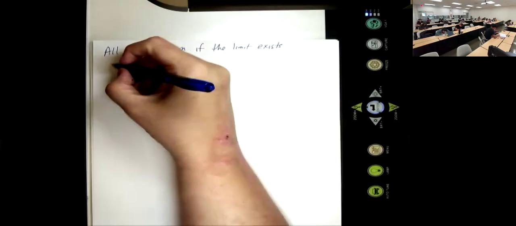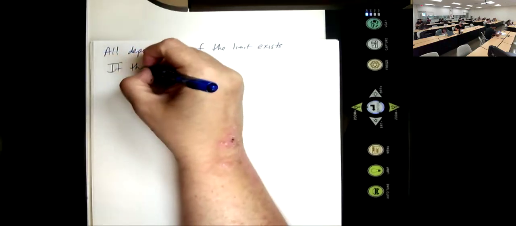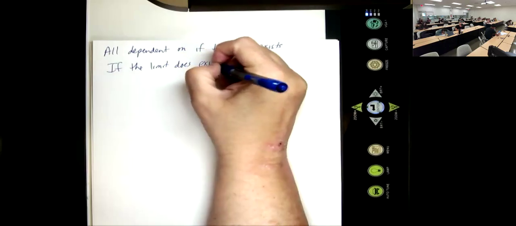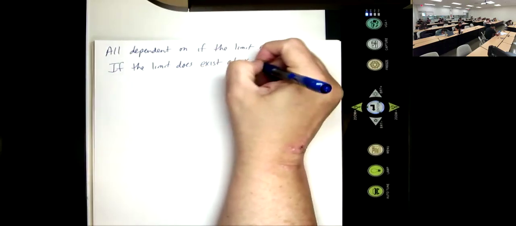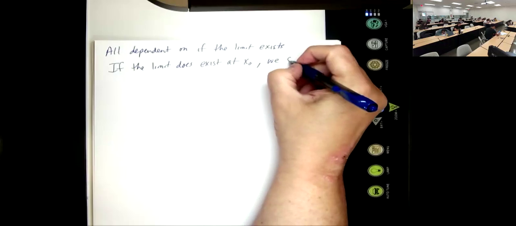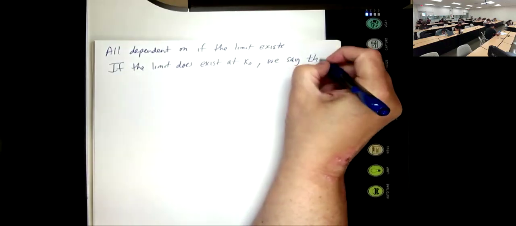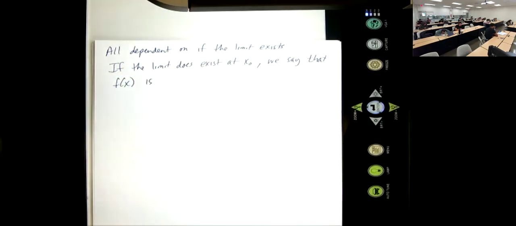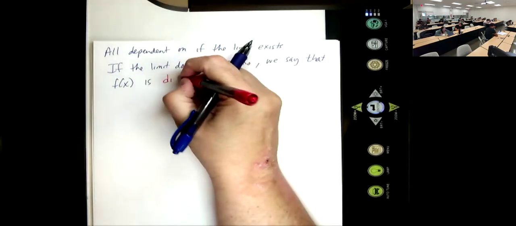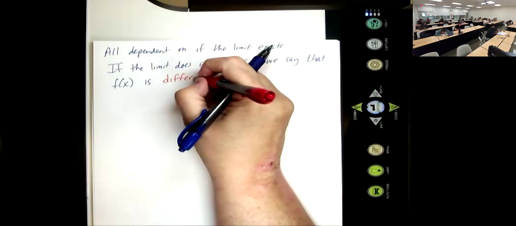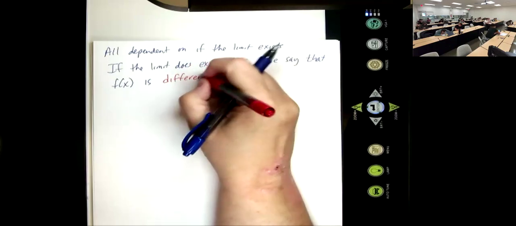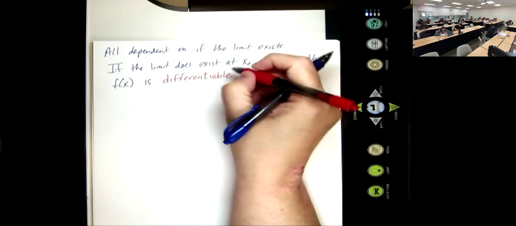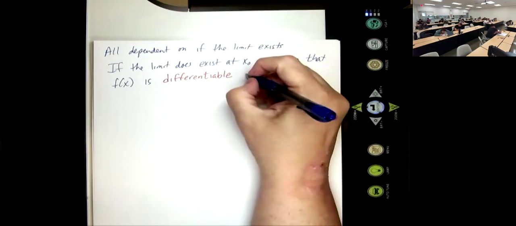So if the limit does exist at x naught, we say that f of x is differentiable at x naught.